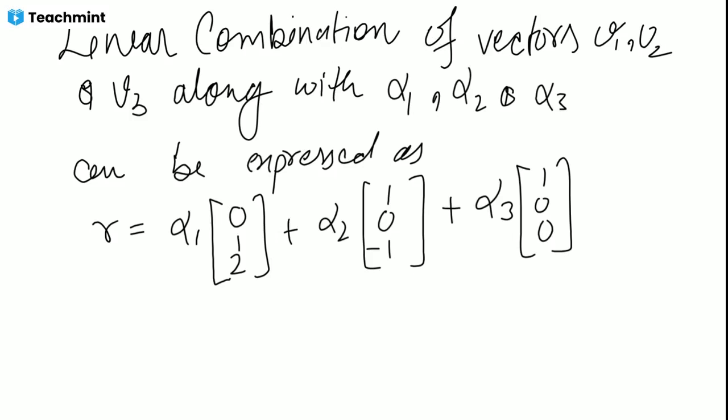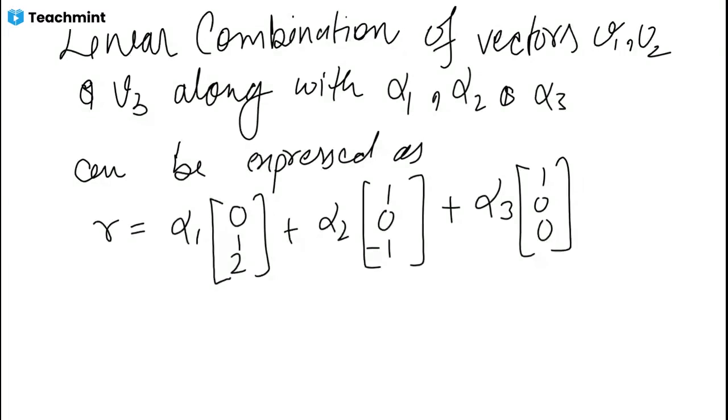R can be expressed as 0 plus alpha 2 plus alpha 3, then alpha 1 plus 0 plus 0, then 2 alpha 1 minus alpha 2.